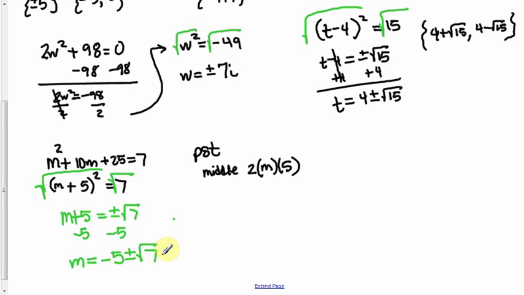All right, so this leads us into our next topic, which is called completing the square.